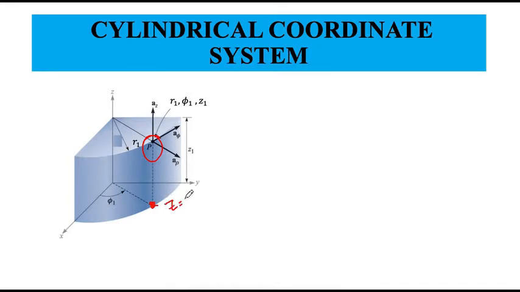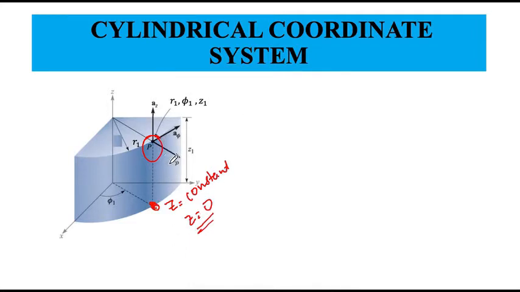This is my z equals constant plane, and when it is at the origin z is equal to 0. So at the z equals 0 plane, from that point I have to give the height, which is z.